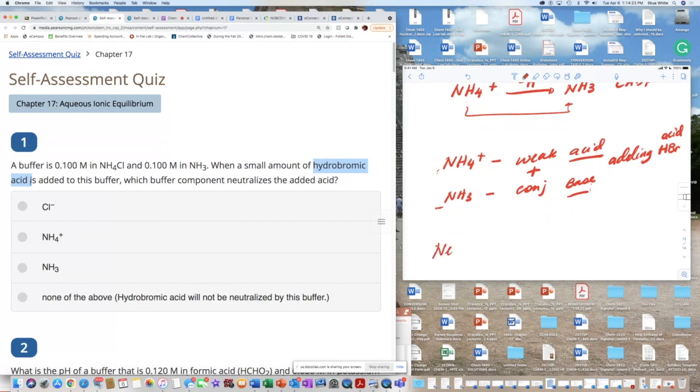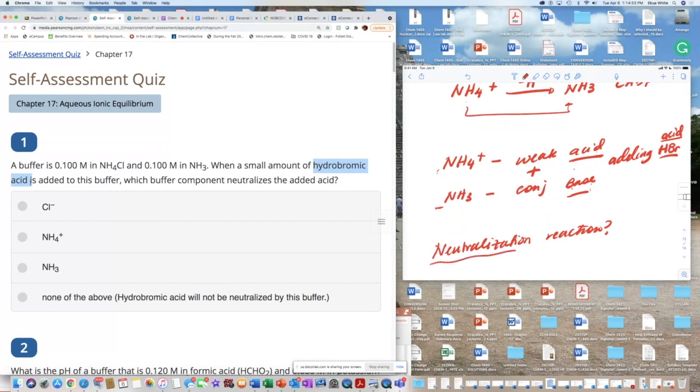Remember, they're asking you about a neutralization reaction. So the neutralization reaction will happen between the hydrobromic acid and which of these two components? What do y'all think? Will the acid neutralize the other acid, or will the acid neutralize the base? Acid will neutralize the base.